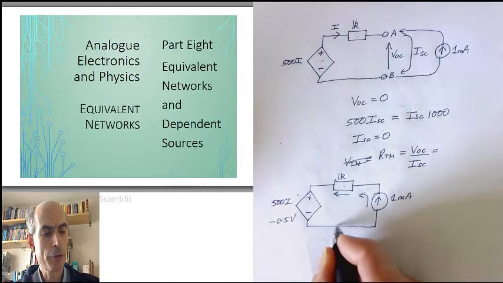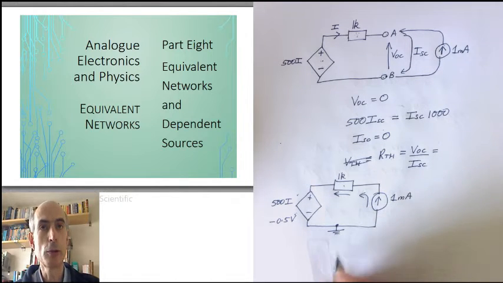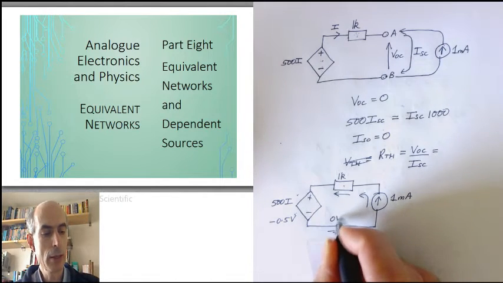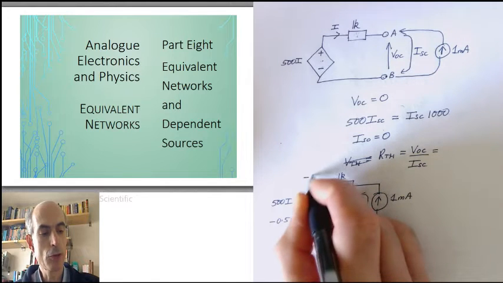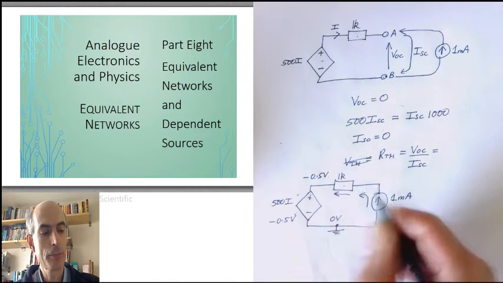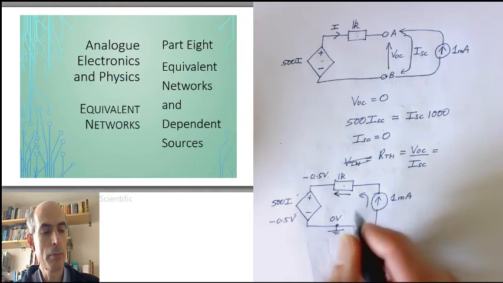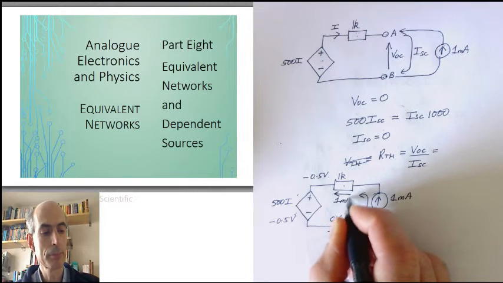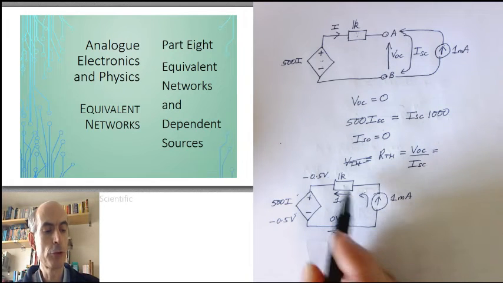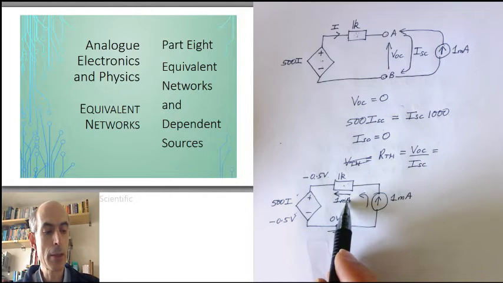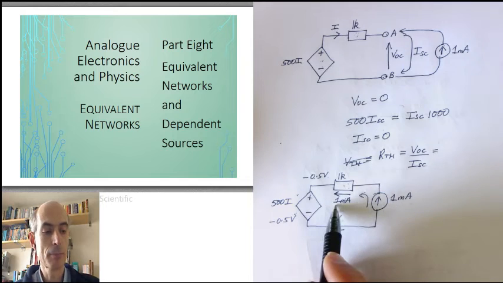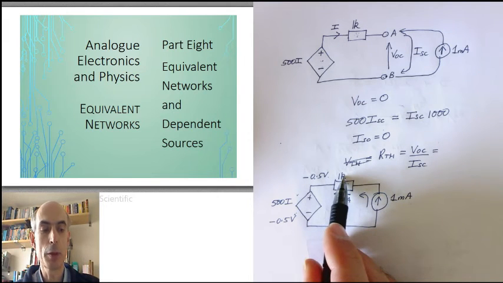So let's define this point down here as being my local ground at 0 volts. The voltage here would be minus 0.5 volts. The current flowing through this resistor here is 1 milliamp, which means the voltage across this resistor would be 1 volt. 1 milliamp times 1K.